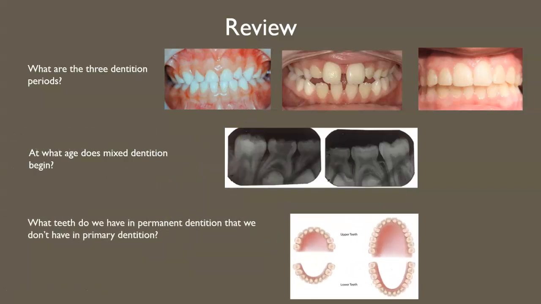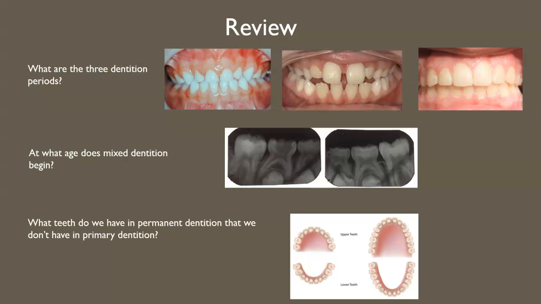What teeth do we have in permanent dentition that we don't have in primary dentition? If you are thinking premolars, that is correct. There are no premolars in the primary dentition, which is right here. We have 20 primary teeth and 32 permanent teeth.